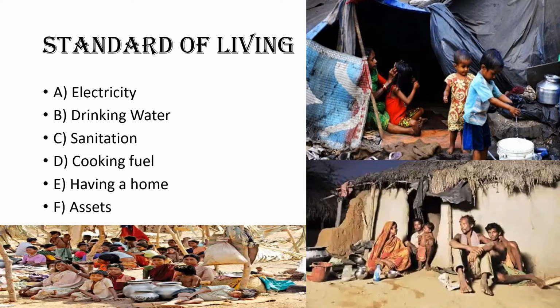Number 6, assets. A household is said to be poor if they do not have at least one asset related to access to information, or at least one asset related to mobility, or at least one asset related to livelihood at their households.